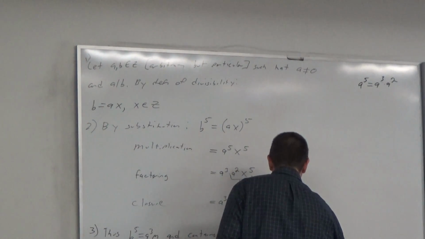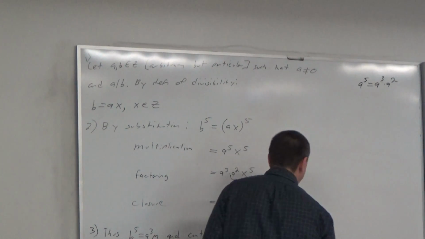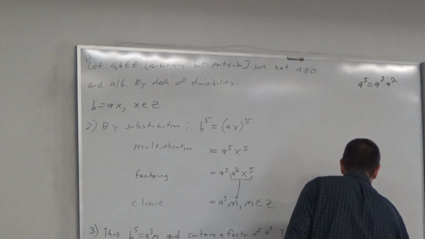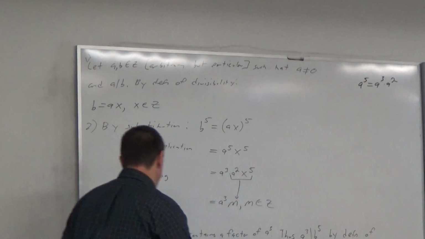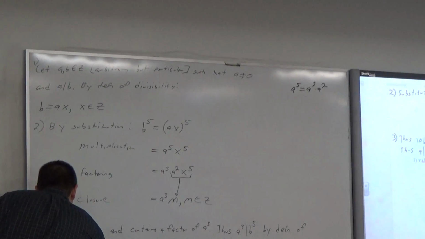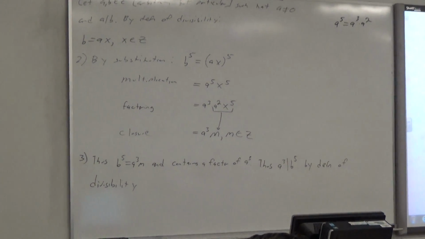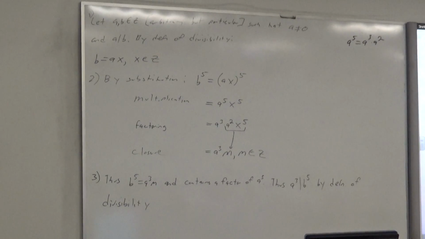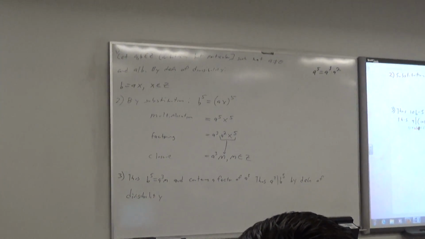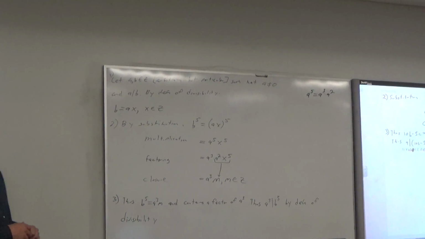Therefore, thus, hence, whence, a cubed divides b to the fifth by the definition of divisibility. So, let me give you guys a few moments to look at that, digest it. Hopefully it doesn't come back up. But are there any questions I can answer for you guys about divisibility proofs?